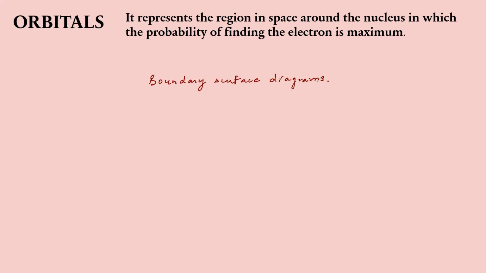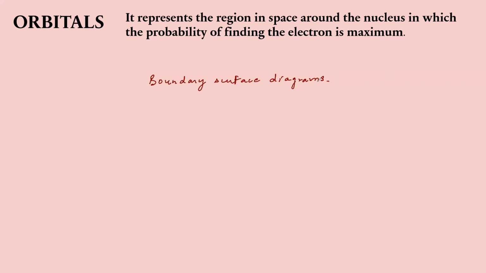There can be many such surfaces, but we only take that shape where the probability is maximum, basically about 90%. We consider those surfaces in which the probability of finding the electron is maximum as boundary surface diagrams.